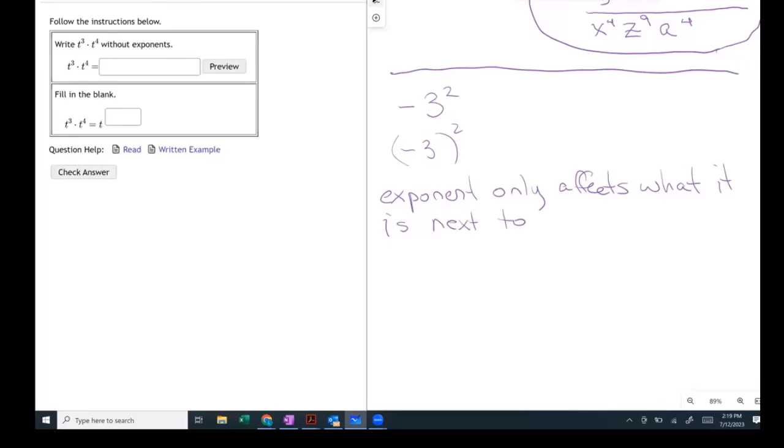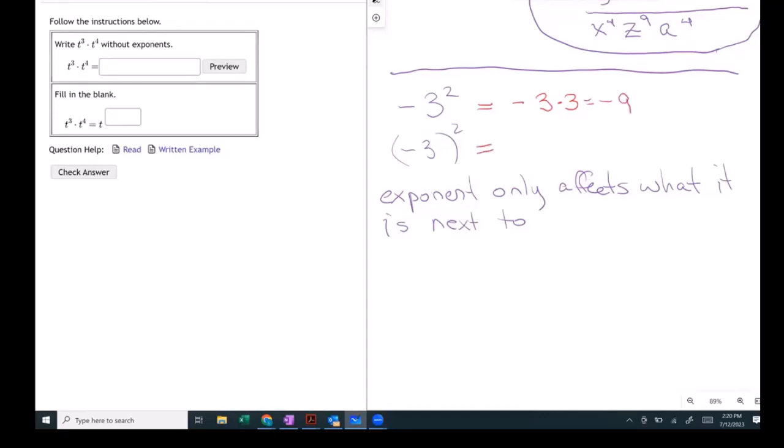For example, well, the squared is only next to the 3. It's nowhere near the negative sign. So that means this is negative 3 times 3. Because we're squaring just the 3, this becomes negative 9.